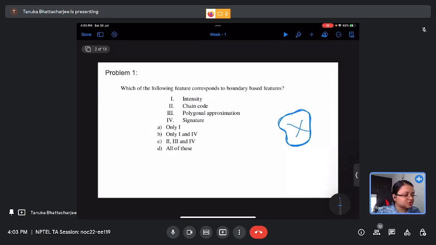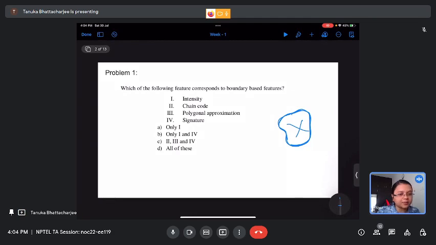Here the first option is intensity. As we know, intensity is a feature of the region enclosed within the boundary, so it is not a boundary based feature. But chain code is where we represent a boundary by piecewise linear segments using their length and direction.